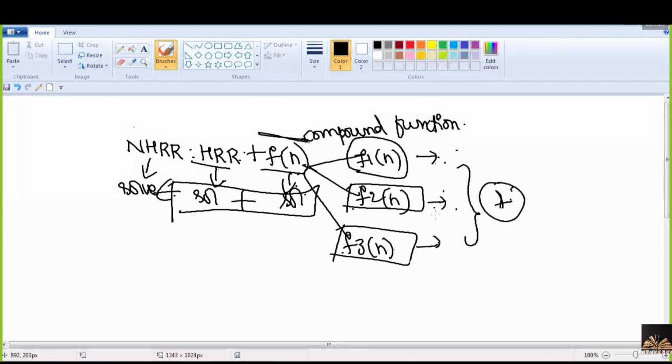The solution of all these three functions should be added with the solution of the given homogeneous recurrence relation, which will give you the solution of the non-homogeneous recurrence relation, right?